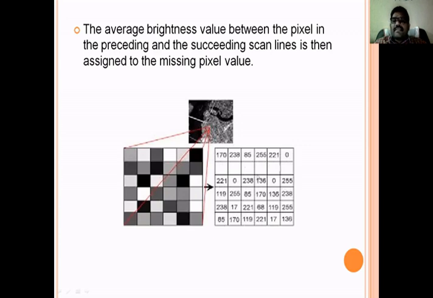That means 170 plus 221 by 2, whatever value you got, that is going to be depicted here, and 238 by 2, whatever value you are going to keep here. 85 plus 238 by 2, the value is going to be depicted here. 255 and 136, the result by 2. The same way, the line digital numbers will be depicted here.